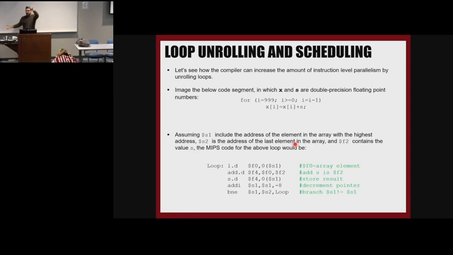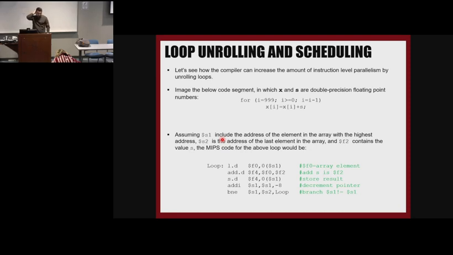So imagine that I have this entire X array, and the address of the highest element is in S1 and the lowest one is in S2. It's something like this. S1, S2, these are the addresses, stored in these registers, and this forms the array that I have.